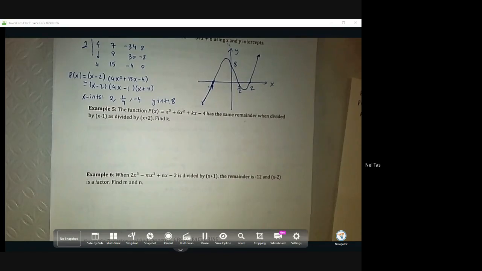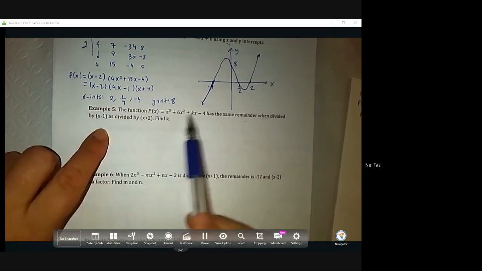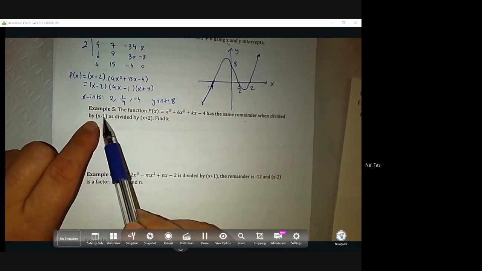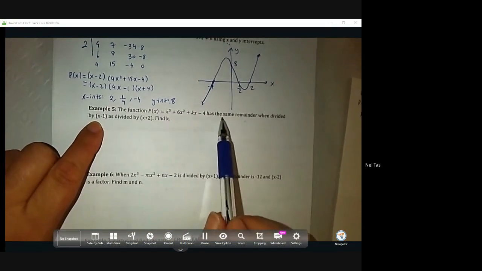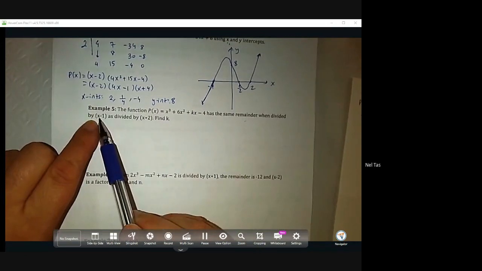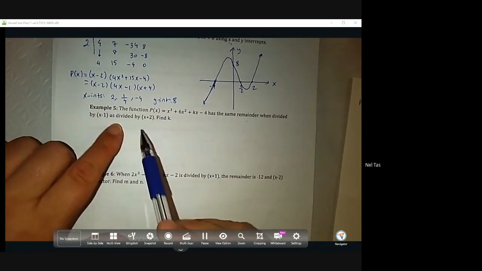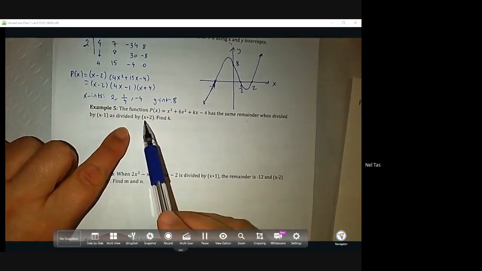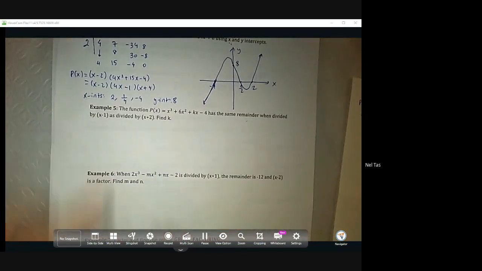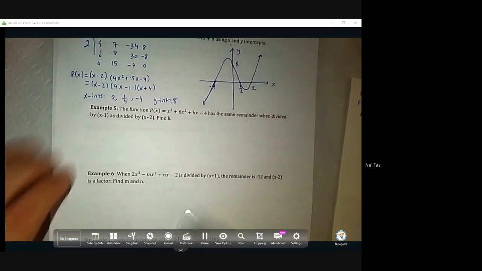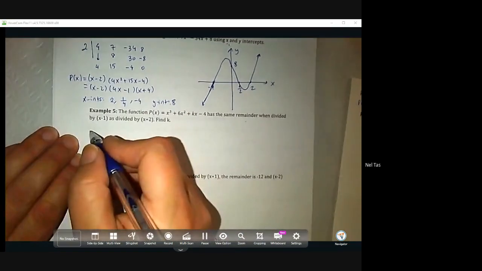When this polynomial is divided by x minus 1, you get a certain remainder. When it is divided by x plus 2, you get exactly the same remainder. So let's find that remainder.